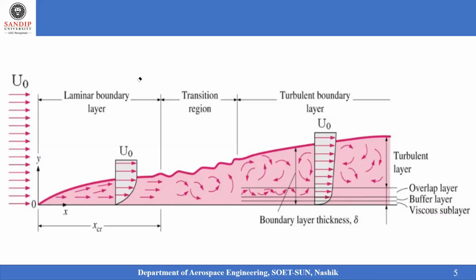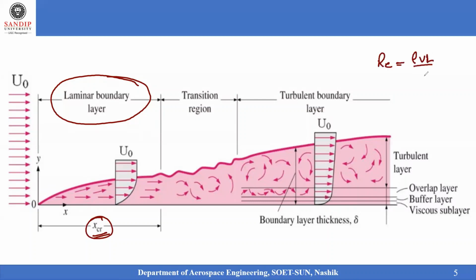Now if there is a question like, in order to make my entire flow laminar, or to predict the critical length, the distance up to which my fluid flow remains laminar, that can be predicted with the help of the Reynolds number, which is rho V L by mu, as we are applying it to the case of flow over bodies, on the surface of the bodies.